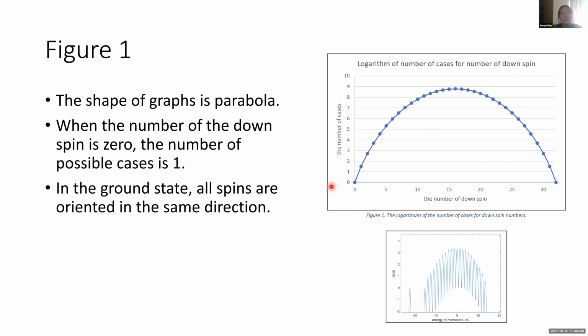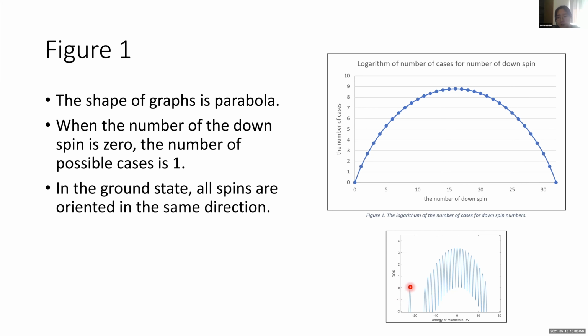I want to mention that when the number of down spins is 0, the number of possible cases is 1, but because of the logarithm, this graph shows 0. This effect shows in the density of states graph too.